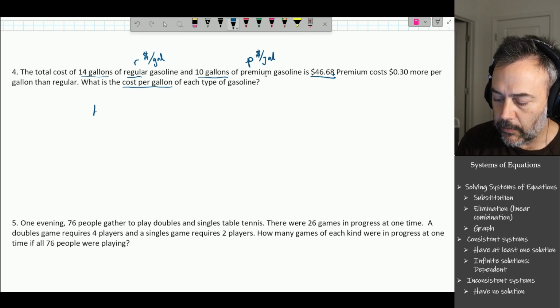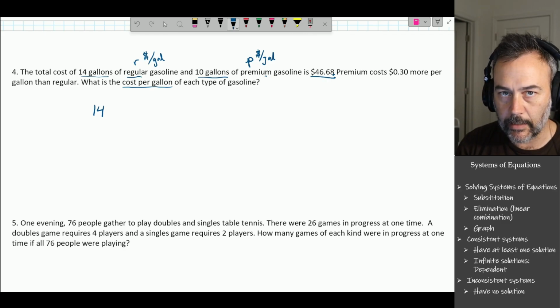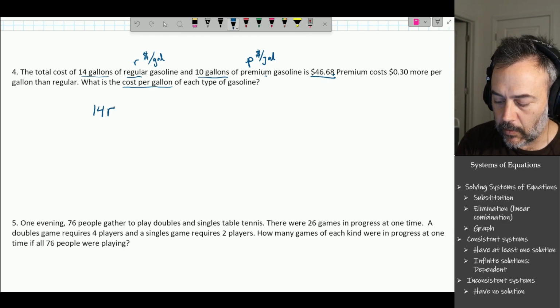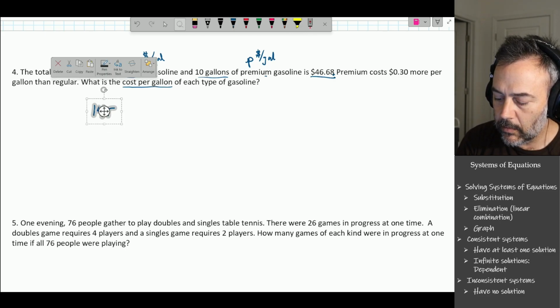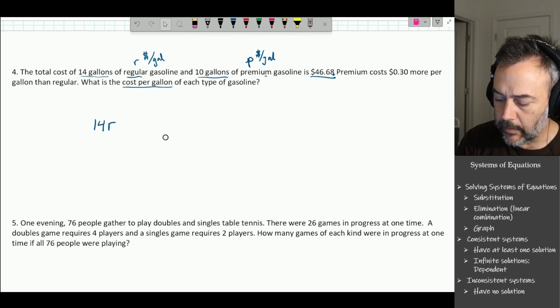So that means 14 gallons times R. So this would be the amount you pay. This is the dollars you pay for regular.